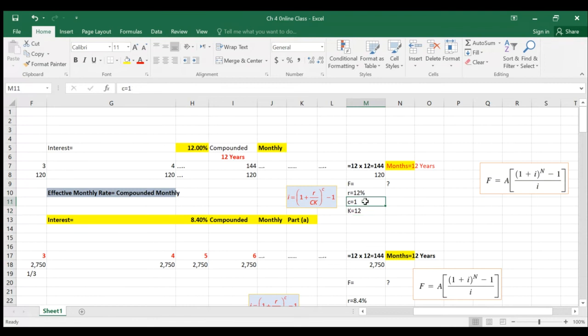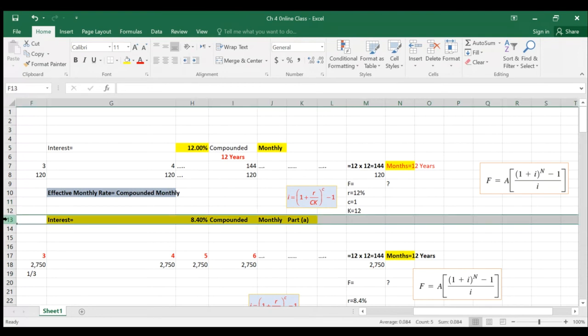If you solve it, what will be the effective rate? Can you give me an answer?